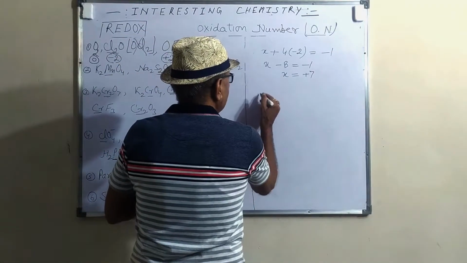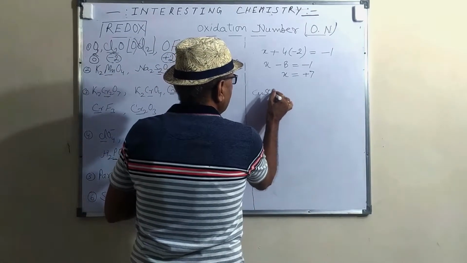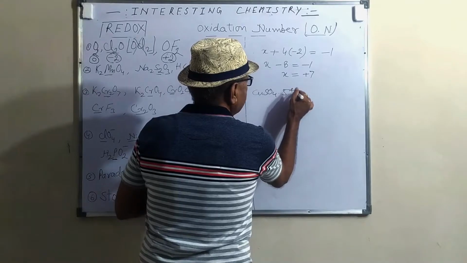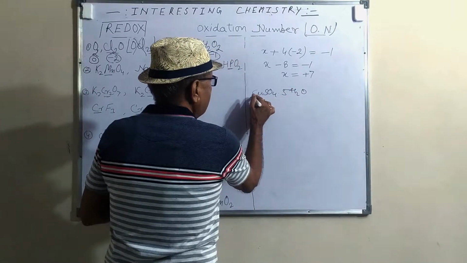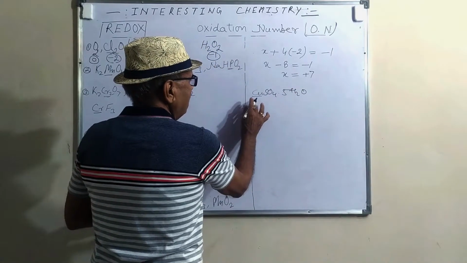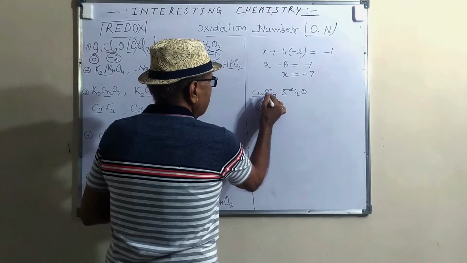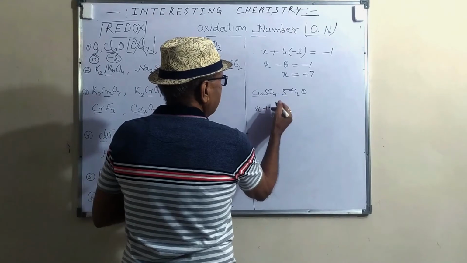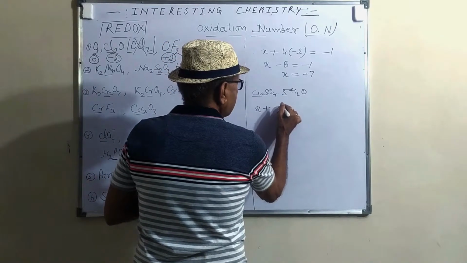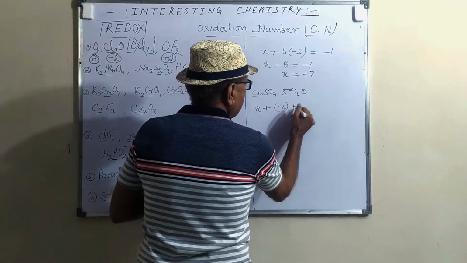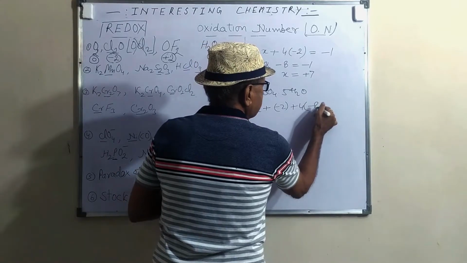Suppose here CuSO4·5H2O. If you want to calculate the oxidation number of copper, you write X plus sulfur, sulfur is -2, and oxygen 4 into -2, that is -8.